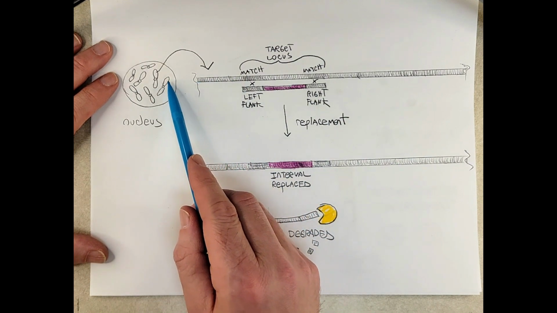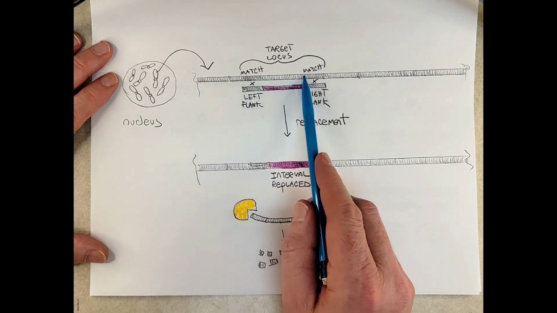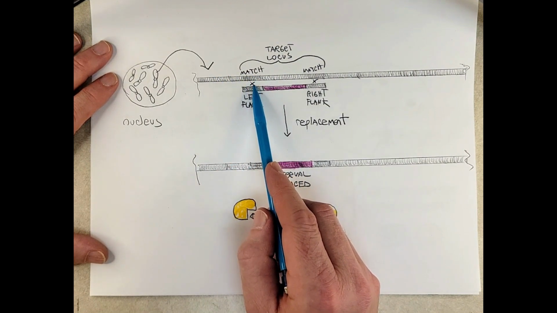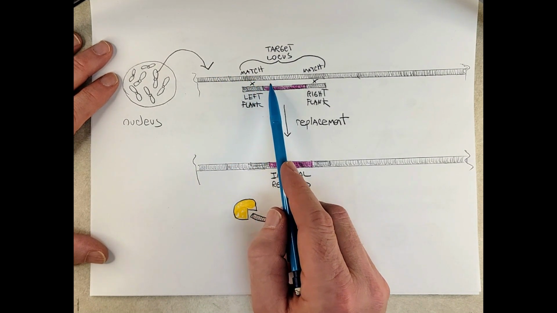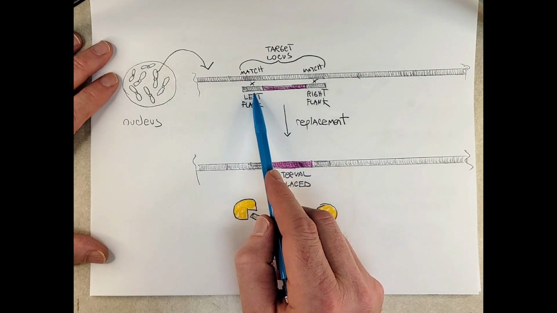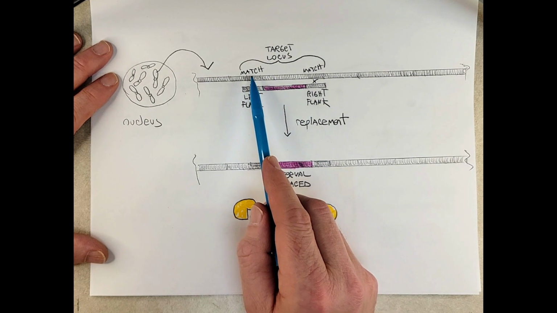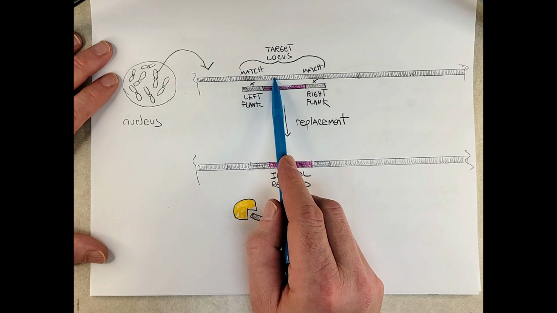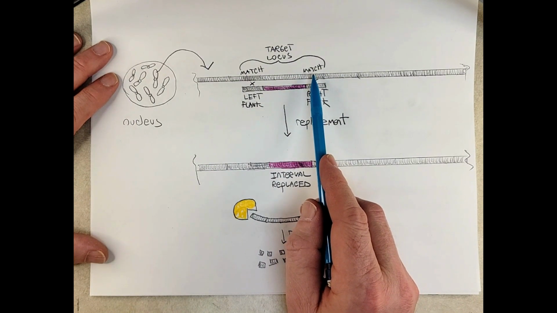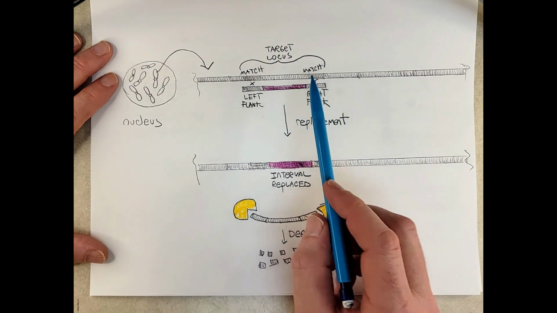So here's the DNA molecule. Now, somehow, the target locus is replaced because the left flank of the DNA replacement vector matches the left flank of the target locus, and the right flank of the vector matches the right flank of the target locus.